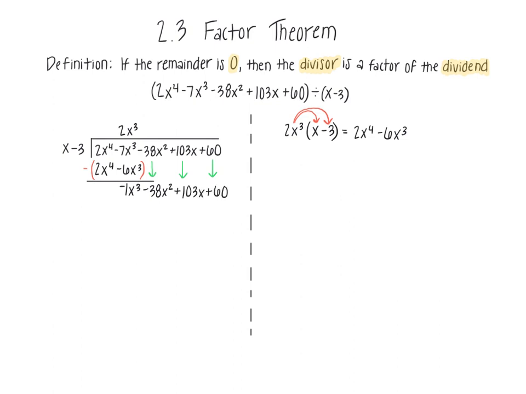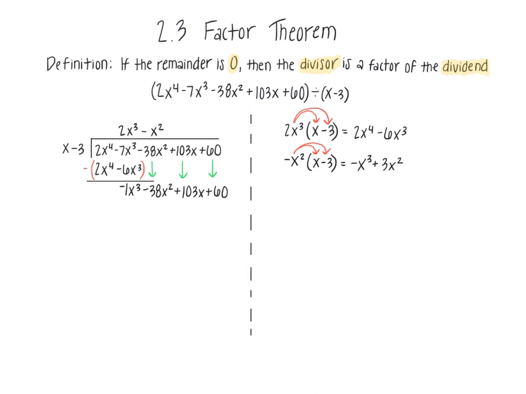And now I'm going to start the process all over again. I need to get -x^3, so I'm going to multiply my divisor by -x^2. Again, come out to the side, show my work. -x^2 times (x - 3) is equal to -x^3 + 3x^2.